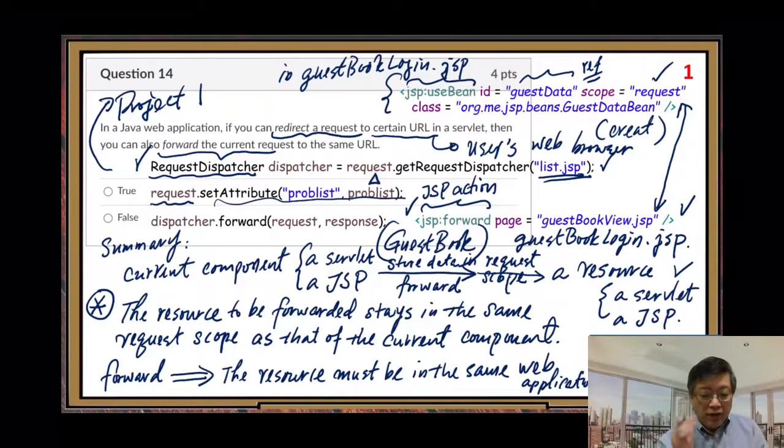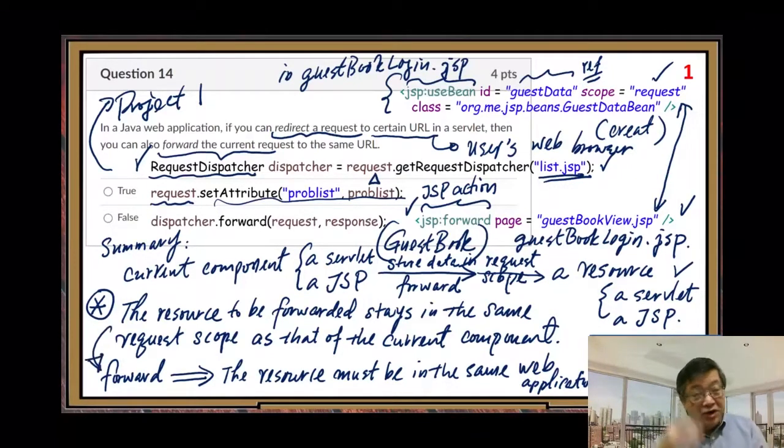Now, the resource must be in the same web application. See the difference? Because the resources in the same web application can share the same request scope. So this second property comes from the first one.